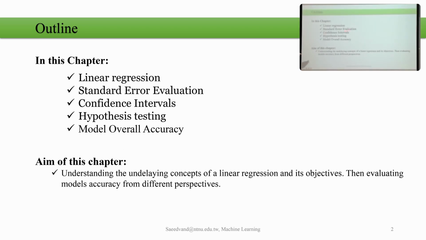So today, as I mentioned, we are going to start with linear regression. Then we talk about the standard error evaluation. We will see the equation and how we can do the evaluation. We talk about the confidence intervals. We define what it means, and how we can use it to evaluate and discuss the model that we have.